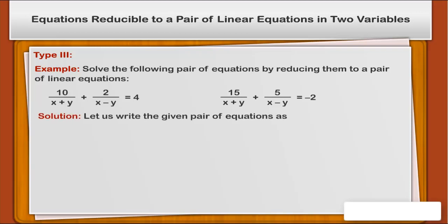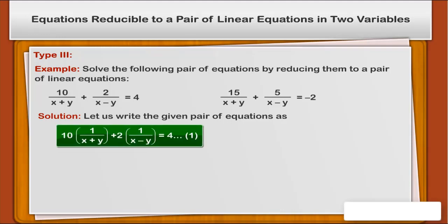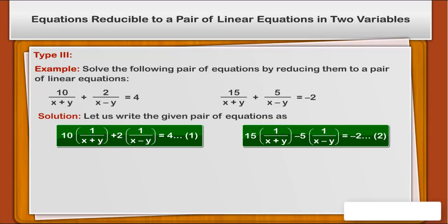Let us write the given pair of equations as 10 into 1 upon (x plus y) plus 2 into 1 upon (x minus y) is equal to 4. This is equation 1. 15 into 1 upon (x plus y) minus 5 into 1 upon (x minus y) is equal to minus 2. This is equation 2.